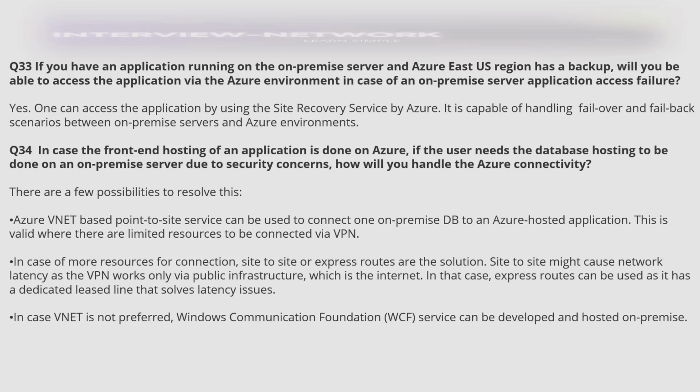In case of more resources for connection, site-to-site or ExpressRoute are the solution. Site-to-site might cause network latency as the VPN works only via public infrastructure, which is the internet. In that case, ExpressRoute can be used as it has a dedicated leased line that solves the latency issue. In case VNet is not preferred, a Windows Communication Foundation (WCF) service can be developed and hosted on premises.